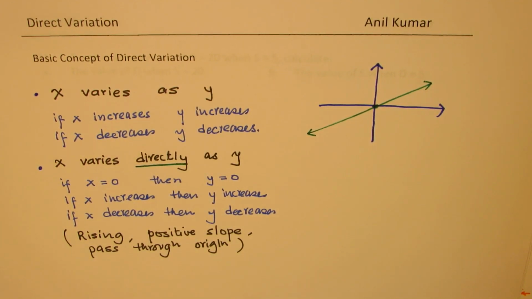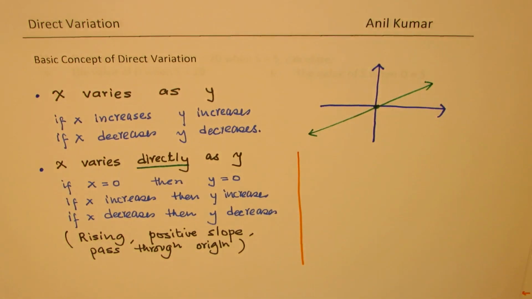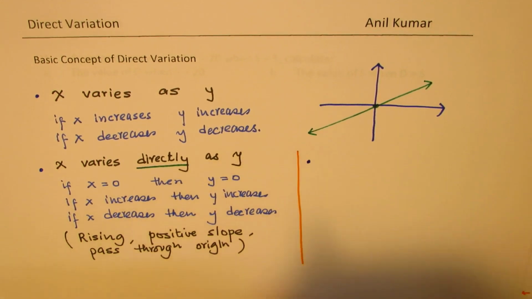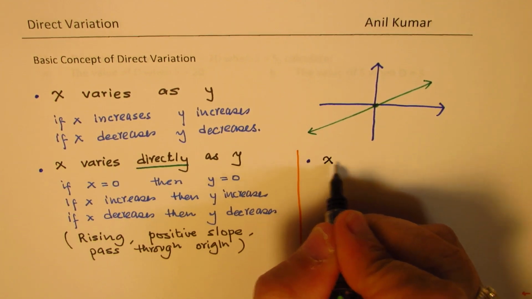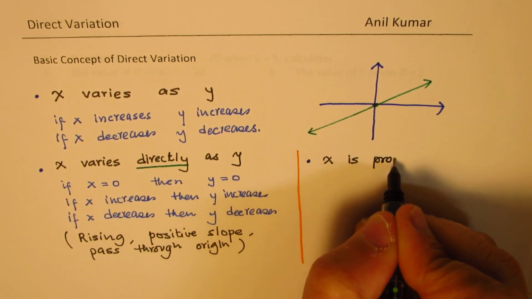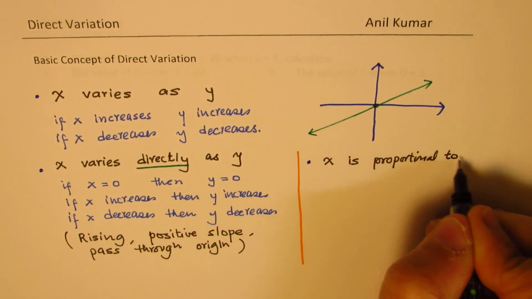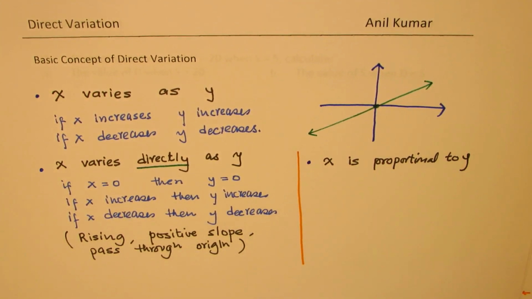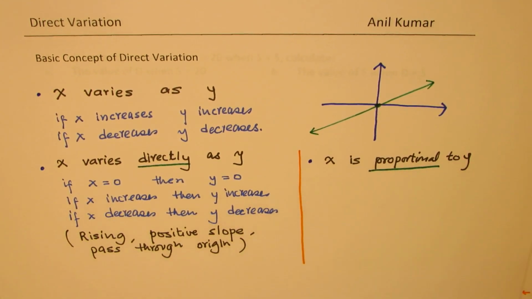Perfect. Now there's another term which we'll be using here, and that gives more flexibility to direct variation. The term is proportional to. Sometimes we say x is proportional to y. Now if I use the words proportional to, what happens?